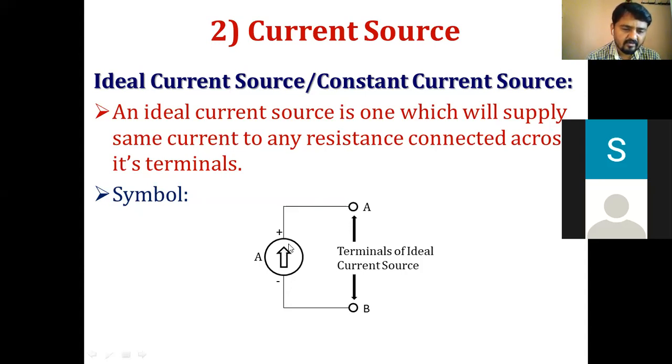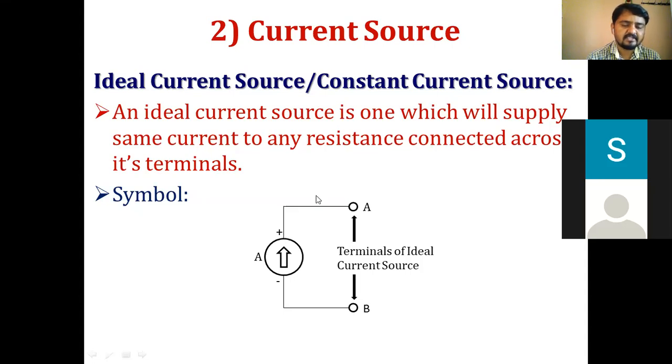So the arrow side we are going to consider as positive and the non-arrow side as negative. This arrow indicates the current direction, so the current will flow from positive to negative. The opposite direction is negative.